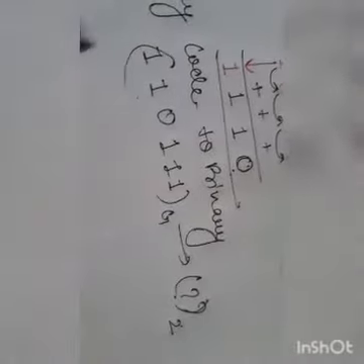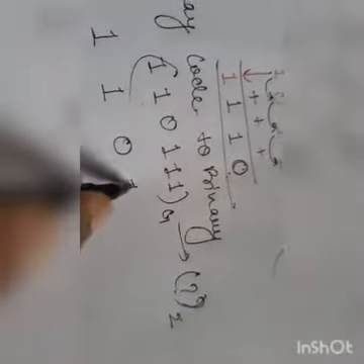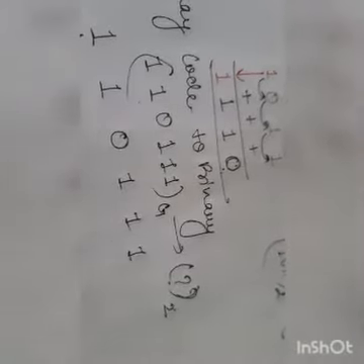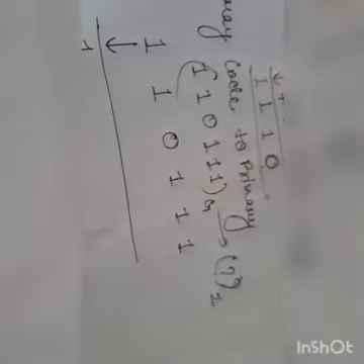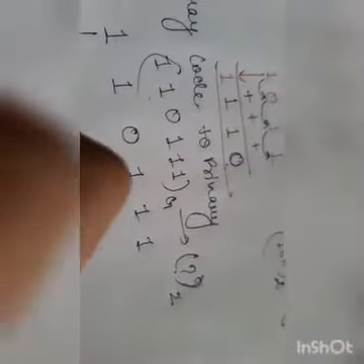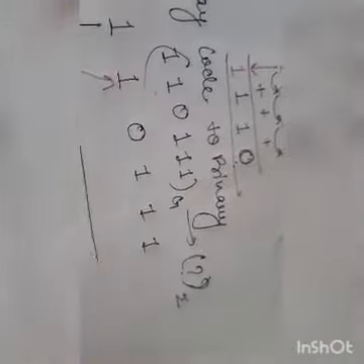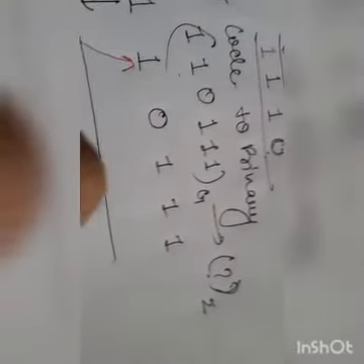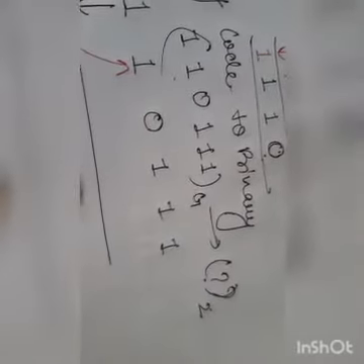Okay, then the steps will be, we will write this number. Now we will write the first digit the same as it is, 1, then this one will be added to this one. 1 plus 1 gives 10, but we will write 0, no carry will be taken.